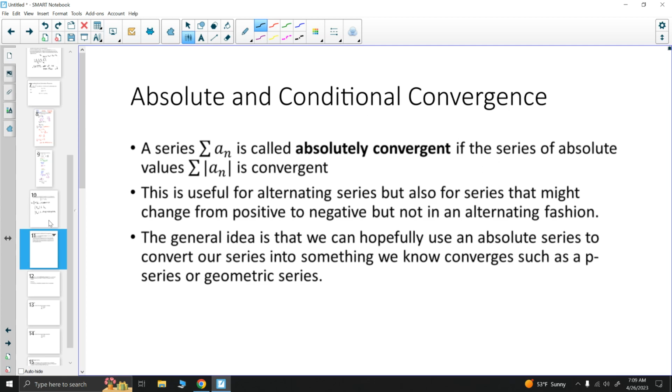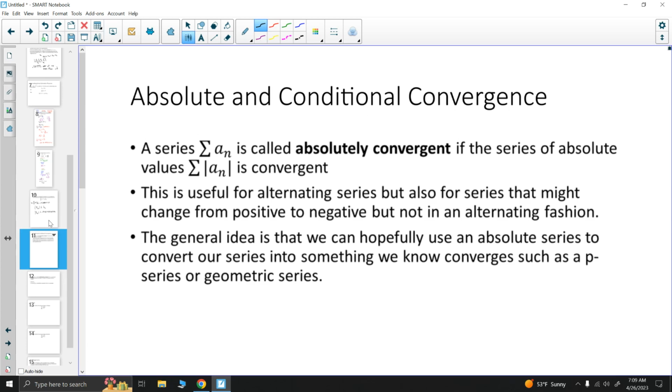But if we take a conditionally convergent series and change the order, it does change our sum, which is weird. But an absolute one doesn't change. It works exactly as we'd expect. So that's one aspect of absolute convergence that's going to be handy for us.